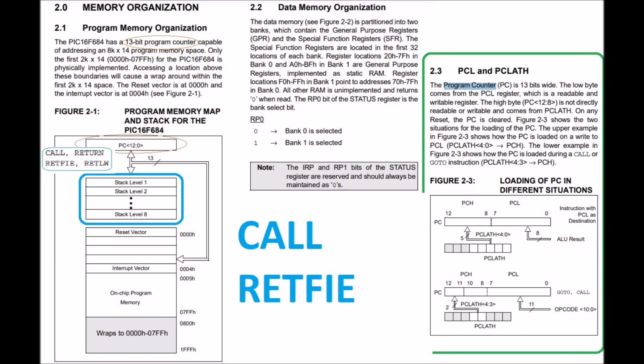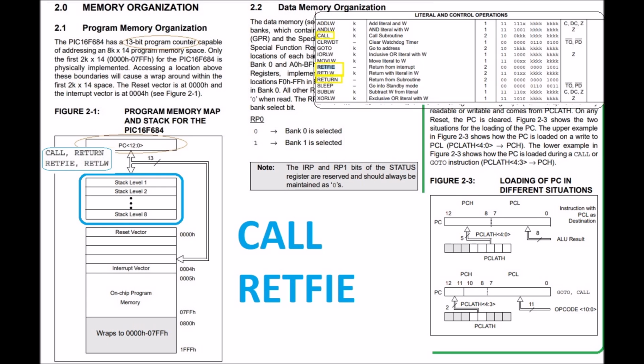Automatic operation. The stack operates automatically and is not directly accessible by the user program. All push and pop operations are handled by the call, return, and interrupt processing mechanisms.